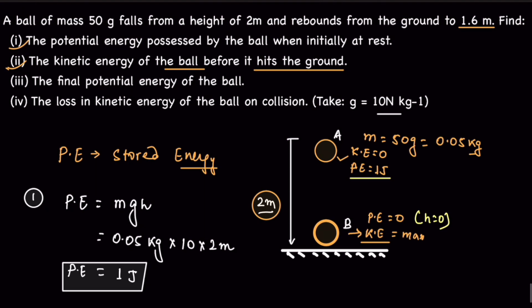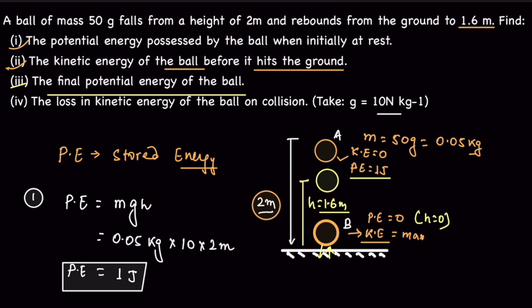Now, in the third part, we have to find the final potential energy of the ball. Final potential energy of the ball means after rebounding, the ball will move to a height of 1.6 meter. So the new height is 1.6 meter.